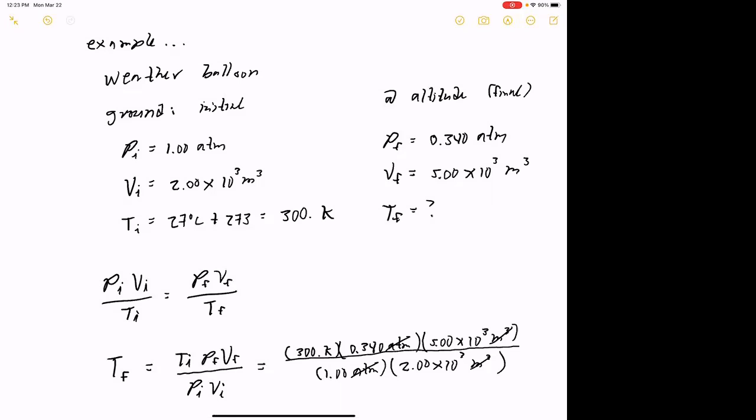If I had, for example, just pressure and just temperature changing at a constant volume, then I would use the pressure variation of Charles's law. Alternatively, if I had just temperature and just volume changing at constant pressure, then I could use that volume relationship of Charles's law that we just did.